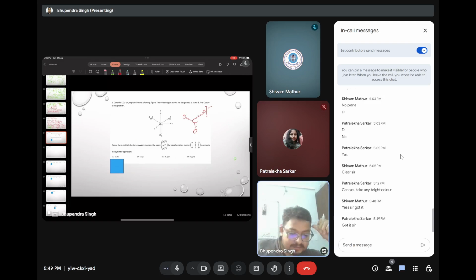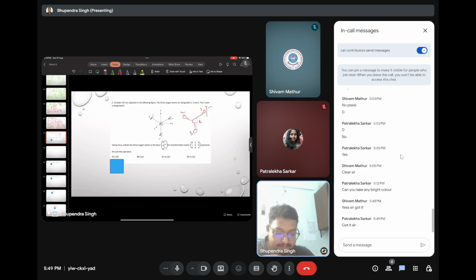In the figure, the three oxygen atoms are depicted as 1, 2, 3. In the middle, 4 is your carbon atom.